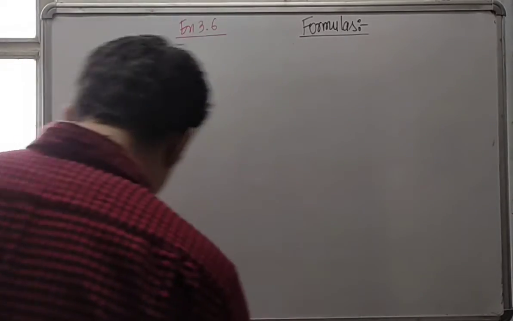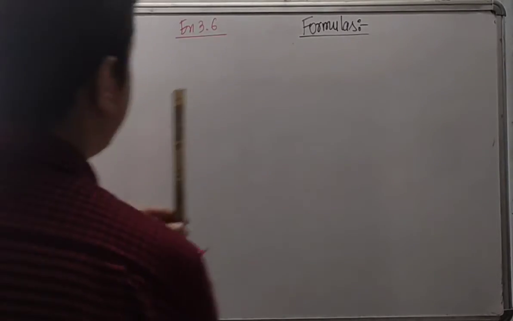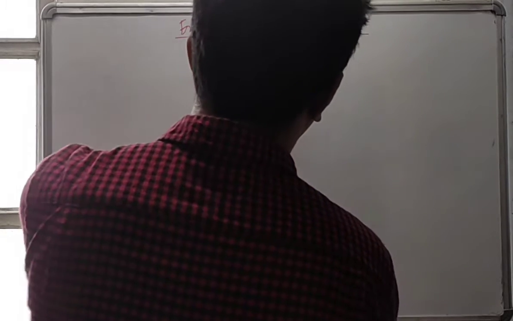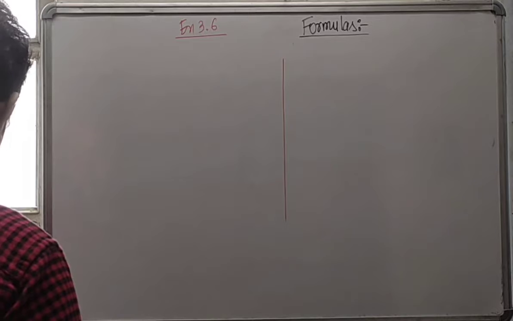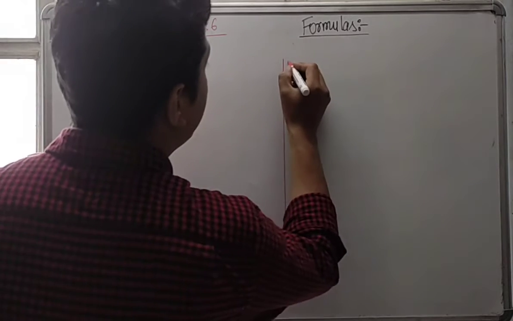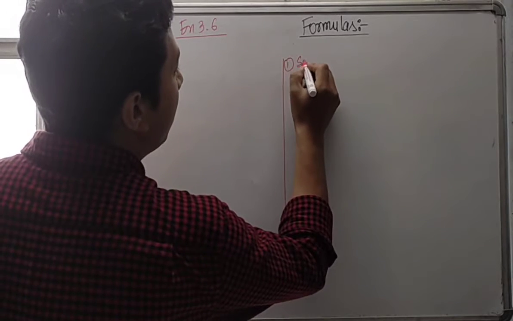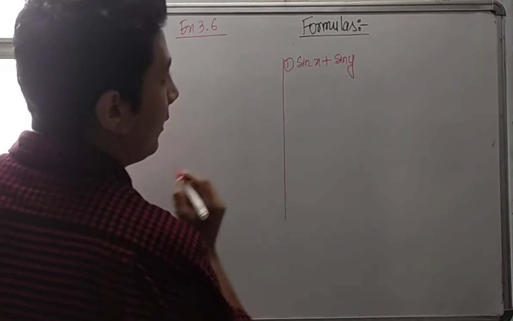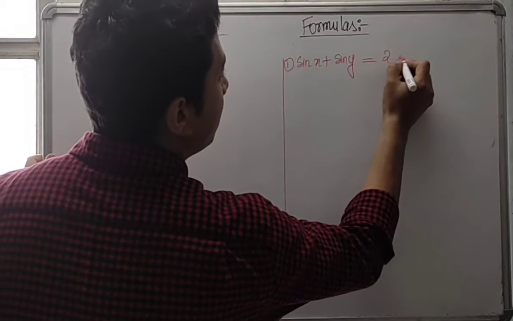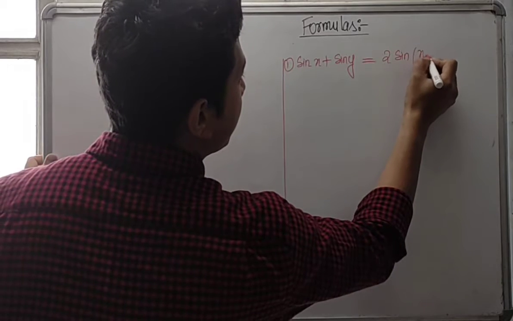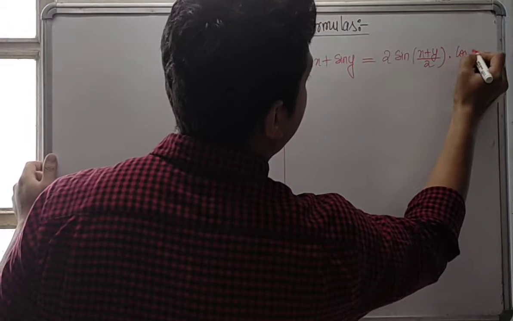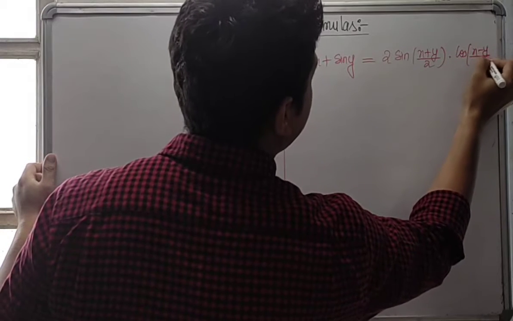Okay, so now let us start the formulas. Formula number one is the formula of sine x plus sine y. The formula goes as 2 sine (x plus y) divided by 2 into cos (x minus y) divided by 2.